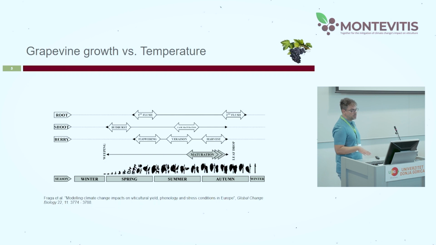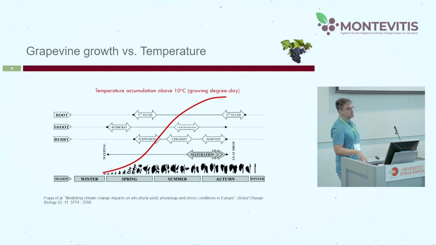If we take a look at this picture, it shows us what you have already seen, the phenological stages, the growth stages of the vine, and there is one very important factor, which all my predecessors already talked about, which is temperature. Temperature usually above 10 degrees in the beginning of the season is what makes the vineyard grow.